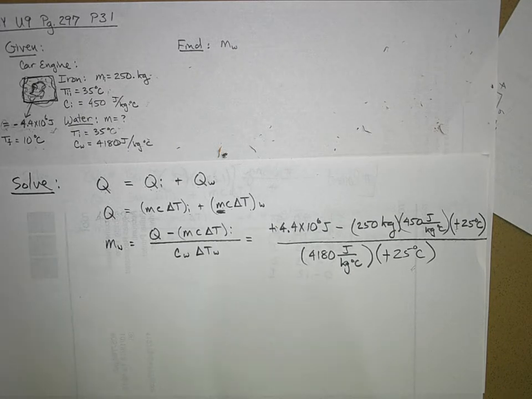But I want you to see that when a system loses heat to the environment, we say that Q is negative because it lost energy. When a system loses energy, we say that that's a negative change in energy. Right? When we were dealing with friction, and friction was taking mechanical energy away, we said the work done by friction was negative work. Same thing is true when a system loses heat.